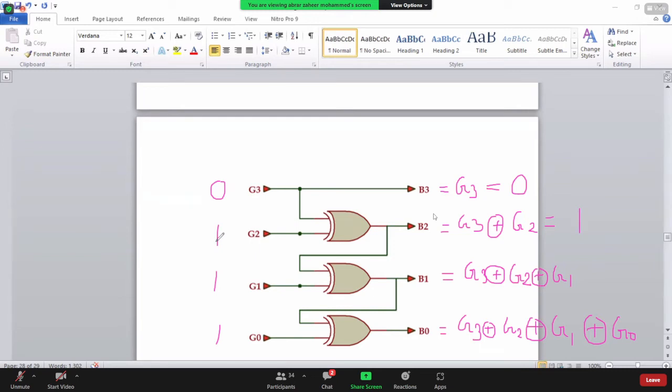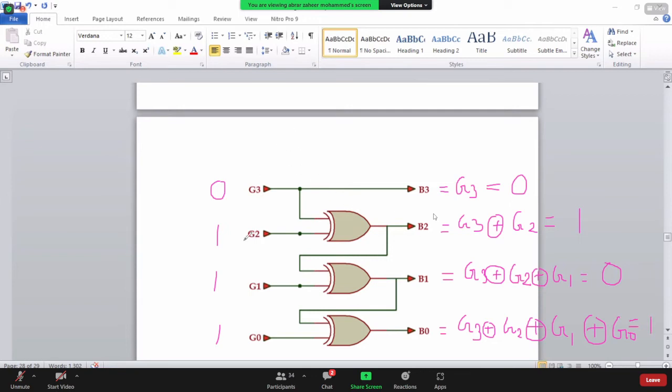So 0 XOR 1 is 1, and 1 XOR 1 is equal to 0. Then again, G3 XOR G2 is 1, then 1 XOR 1 is 0, and 0 XOR 1 is equal to 1.